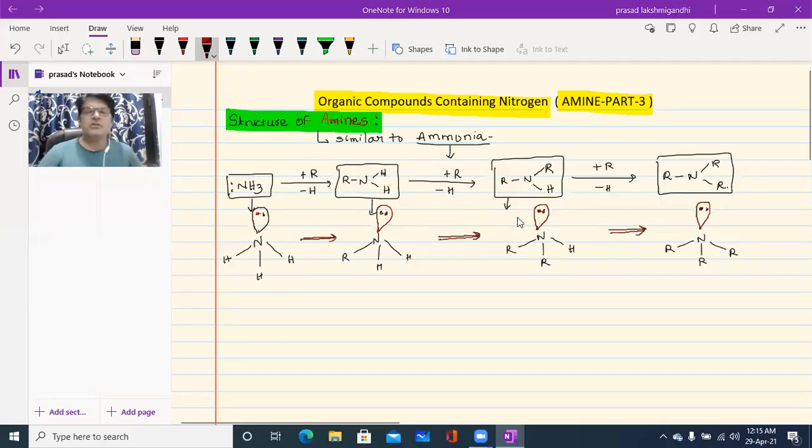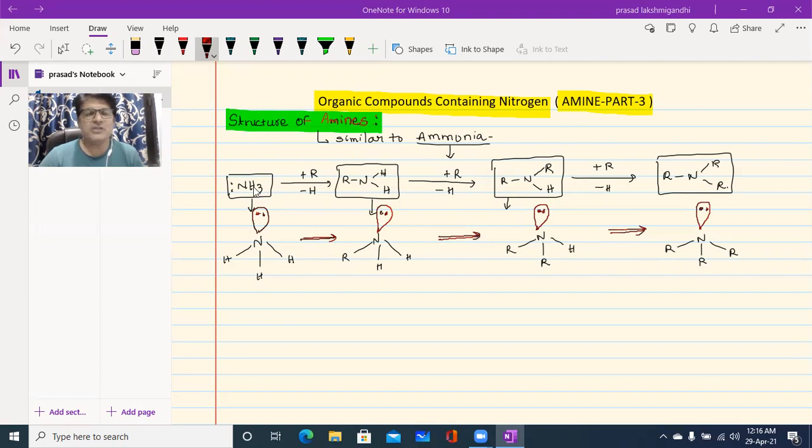Now let us see. These structures and this phenomenon we already learned in the first part of the video clip. So the structure of amines is similar to ammonia only, isn't it? Now please look at these structures.